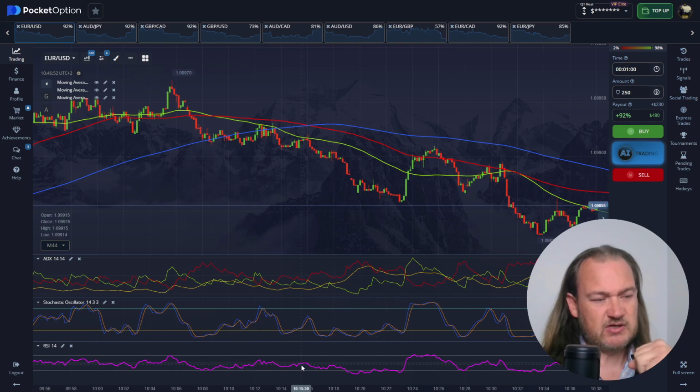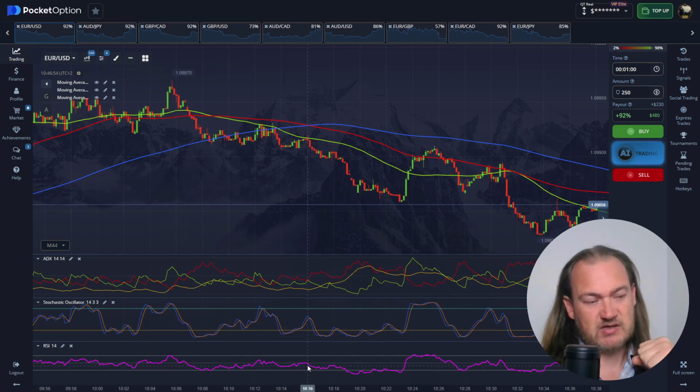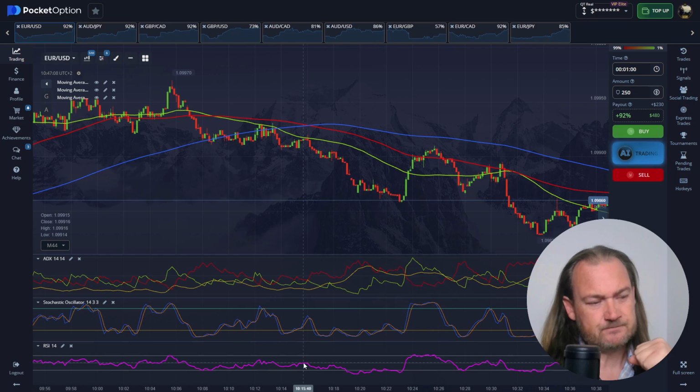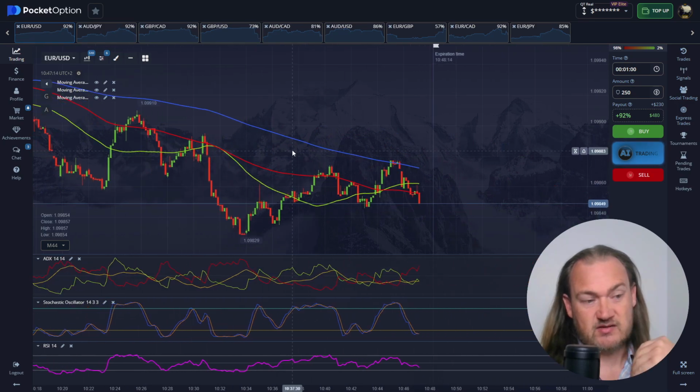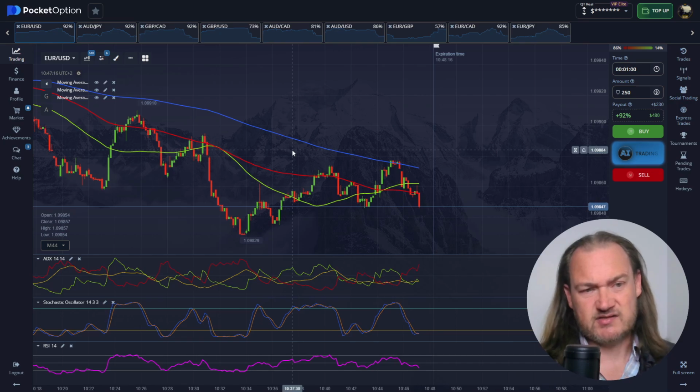I'm looking for areas where the RSI is below and coming back to the 50 value line. This was a good example. We were moving downwards, came back to test it, and price leveled out on the 50 line of the RSI, and then this would be a sell, and price continued moving downwards. So those are the three strategies that I'm going to be using.